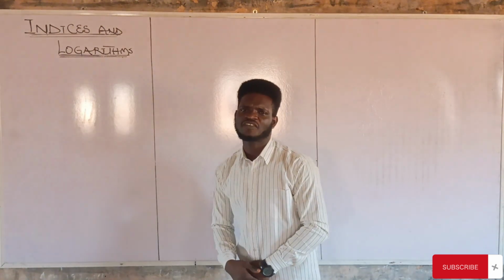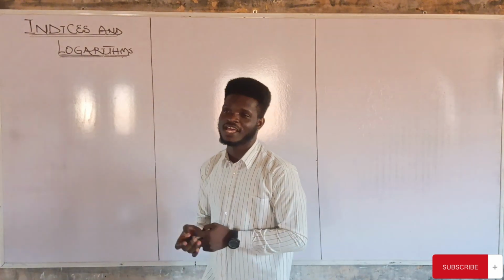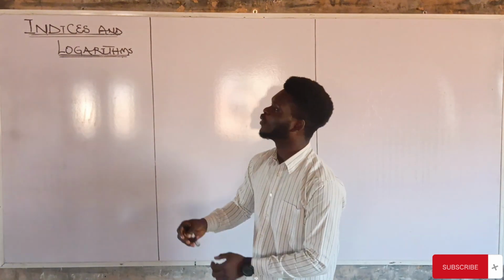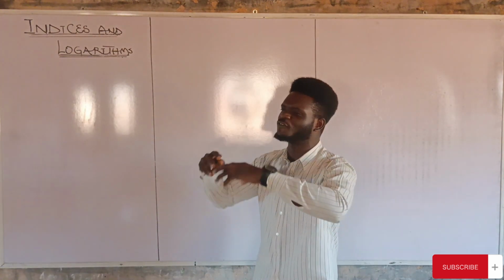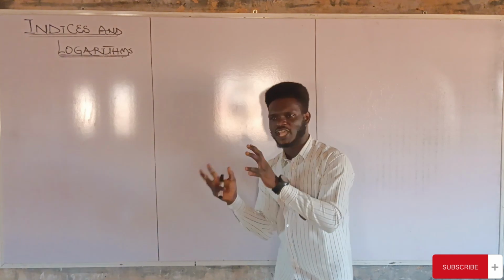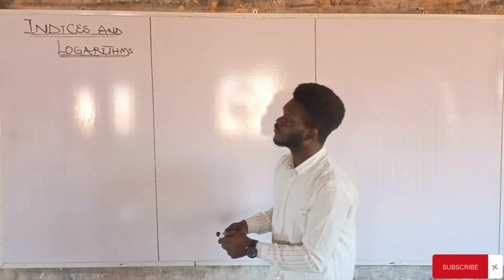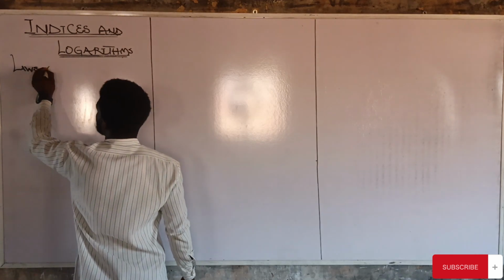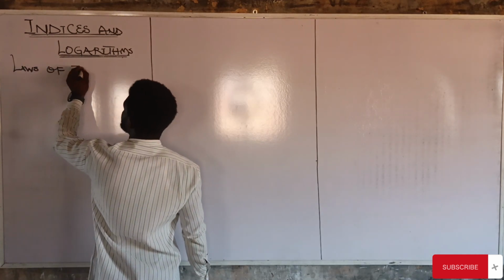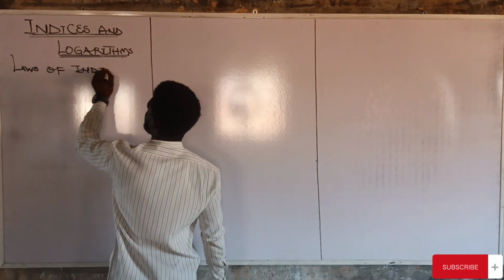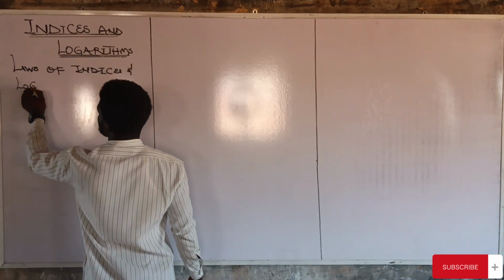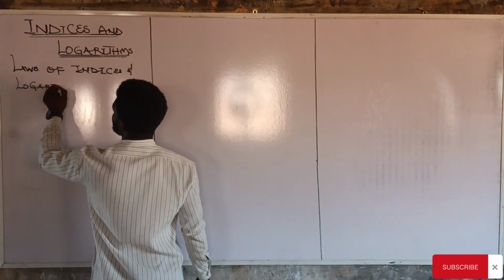We have several laws of indices. I will not tell you that we have 7 laws, as many persons will say. There are multiple laws of indices, and if you understand them, you will know how to use them to solve your problems. Now, let's start first of all with laws of indices and logarithm.